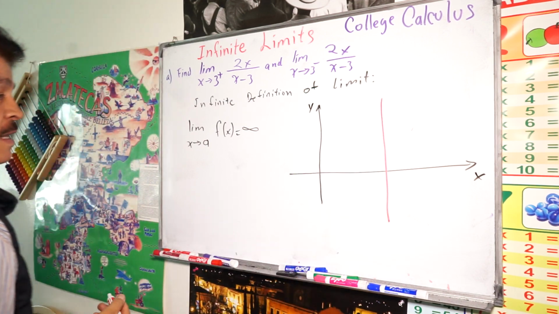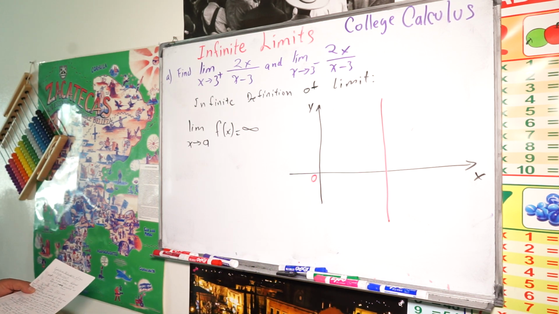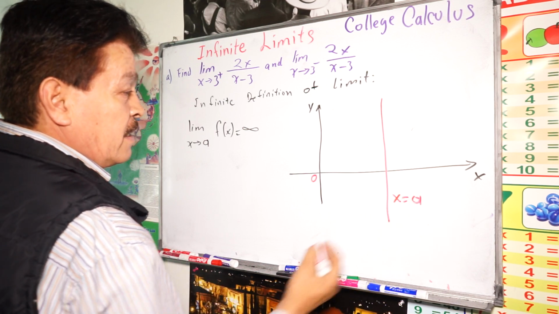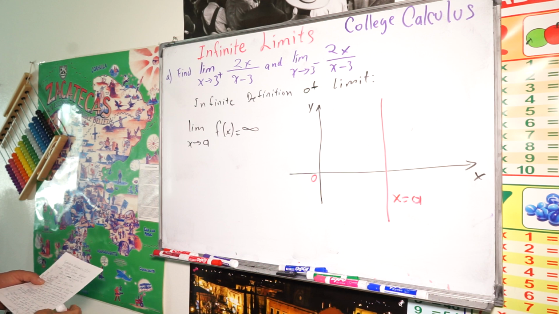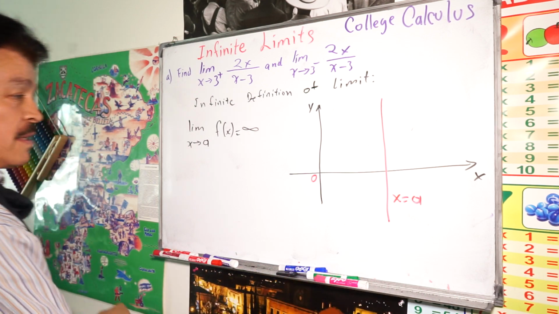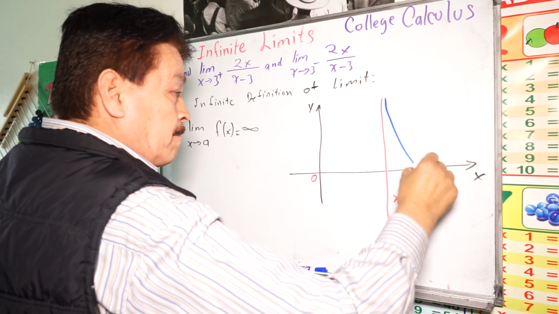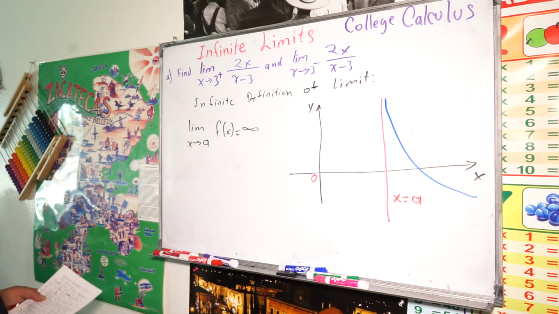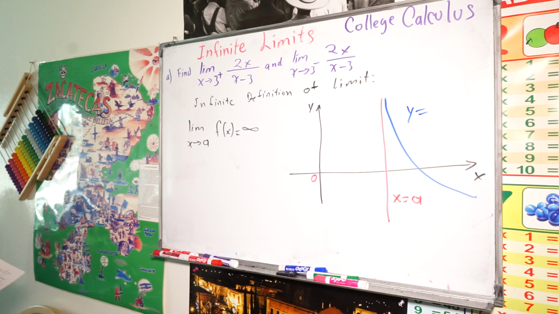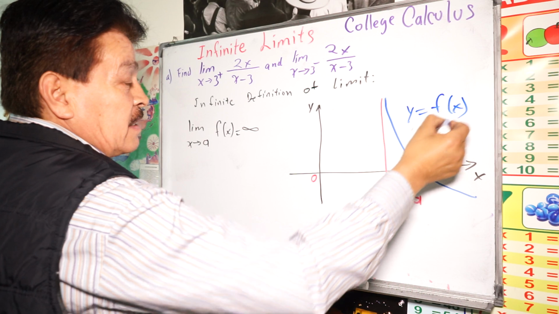This is the origin, and here is x equals a, and then let's draw some graph right here. You make the graph like this. This graph is y equals f of x, right?